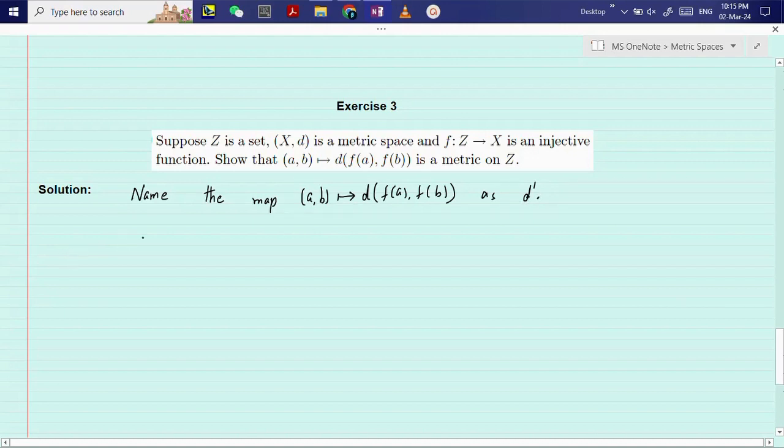And we show that d dash is a metric on Z.